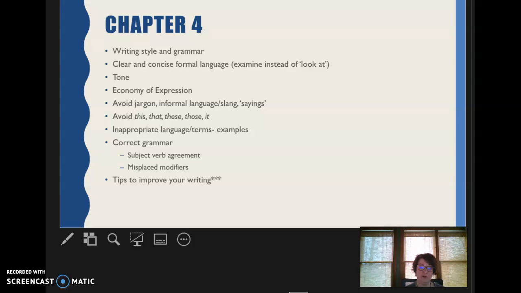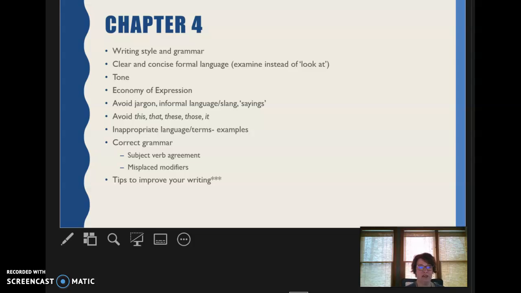However, we need to set a very professional tone when we're writing, and we need to use very clear and concise language. The fewer words that make the greatest impact are usually more effective in your writing style. So again, keep in tune to the tone of your writing, and it's not how we normally speak. We need to keep those types of things in mind.